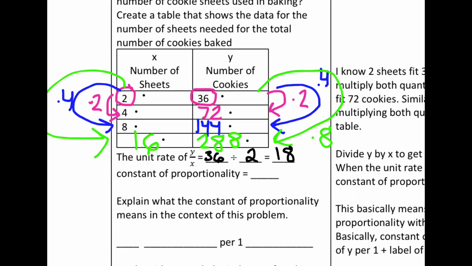My constant of proportionality is 18. So in terms of this problem, it means I can make 18 cookies per one sheet.